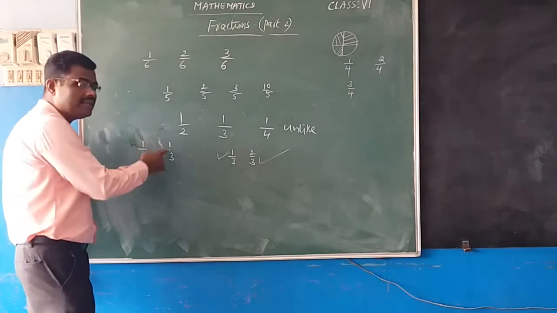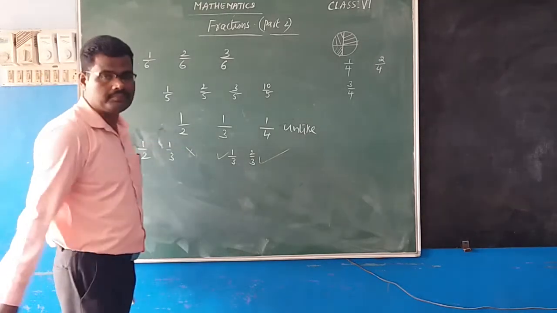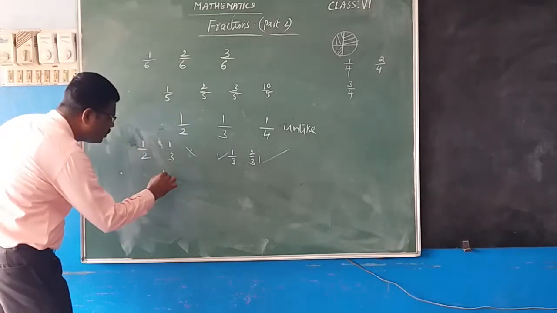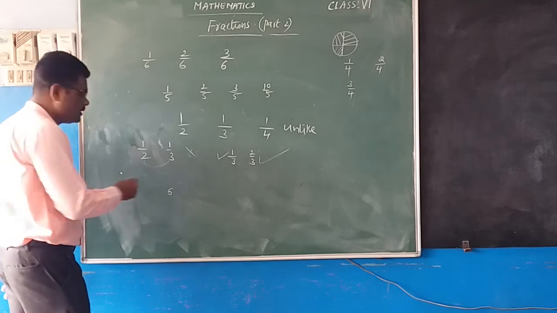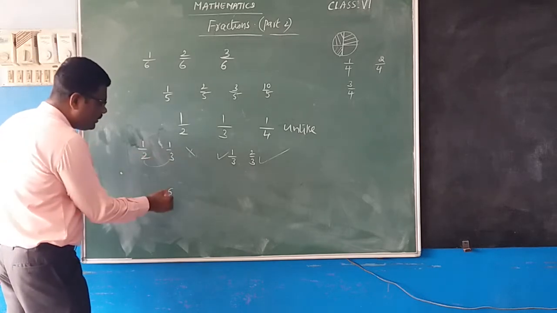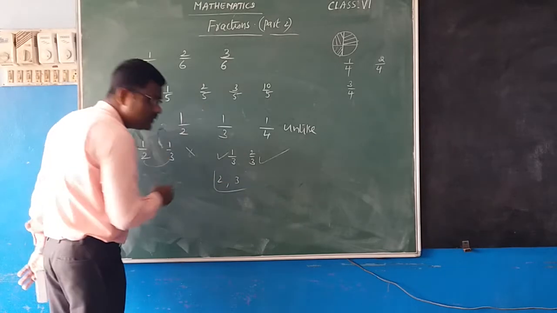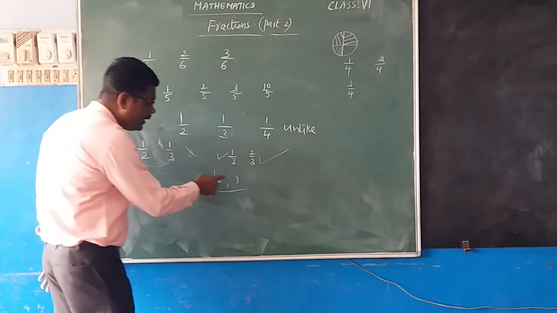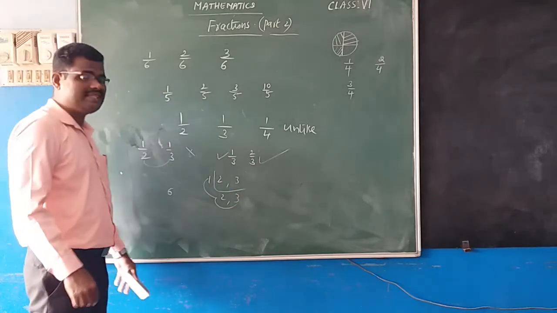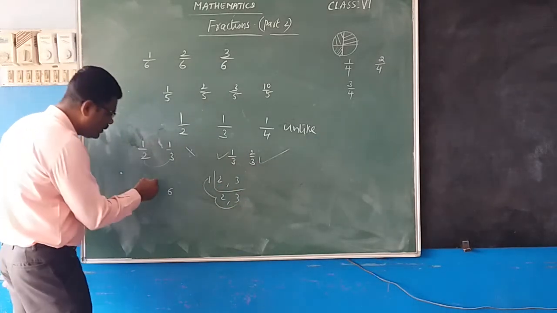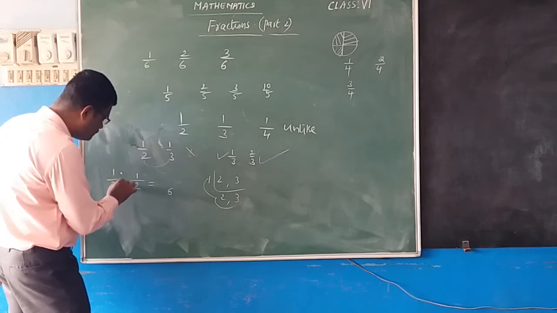Suppose 1 by 2 and 1 by 3 is given. It is difficult to check. At that time, we need to take the LCM. So for 1 by 2 and 1 by 3, the LCM of the denominators 2 and 3 is 6. How to see the LCM? In the last chapter we have seen 2 and 3 go only by 1, so multiply 2 and 3 and we get 6. 6 is the LCM. To get denominator 6, what do we need to multiply for 1 by 2?